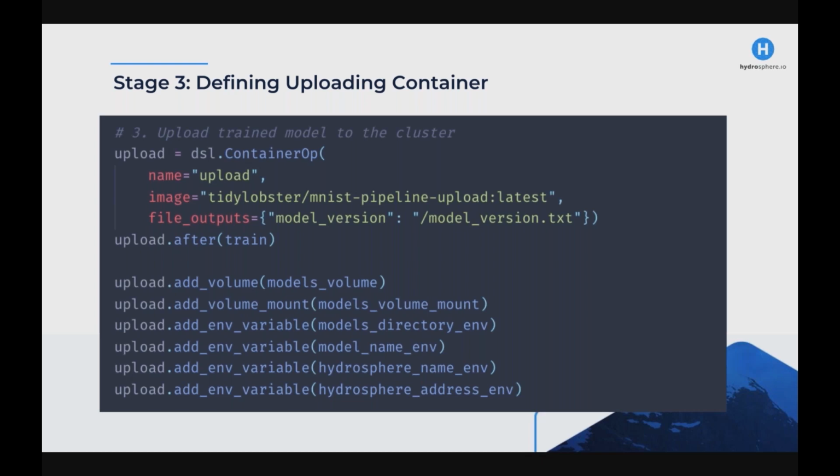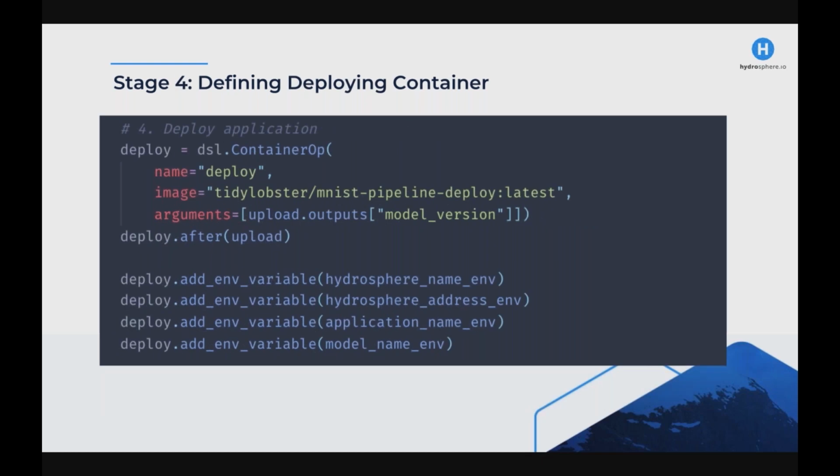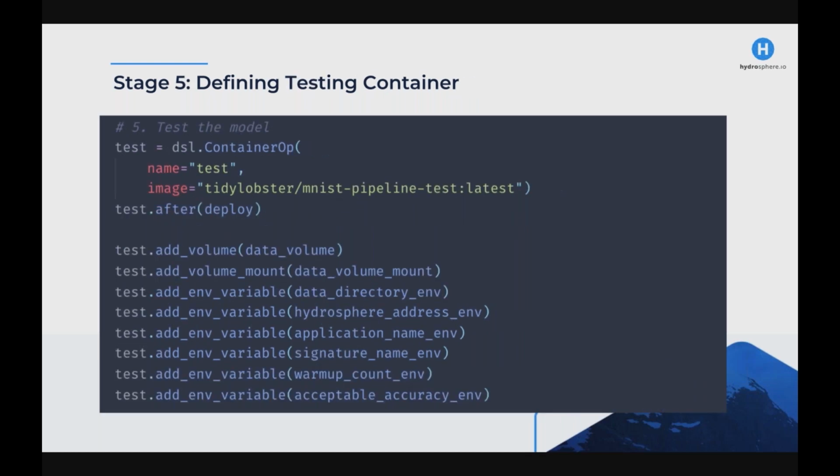As well, at this step, you can see that the function contains a file outputs keyword, which will map all the contents of the model version txt file to the model version variable. And we can use that variable in the next step of deploying an application. As you can see, here is the arguments keyword, and it has as an input an output from the previous container step. And here we additionally provide some environment variables pointing out where our Hydrosphere cluster is available.